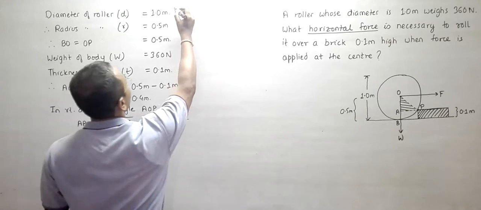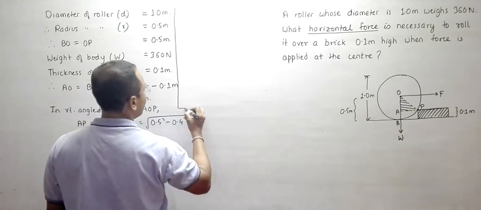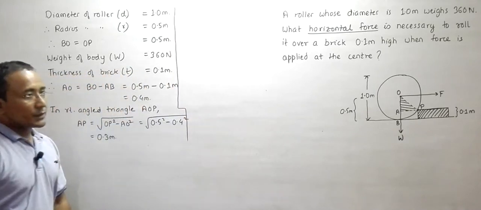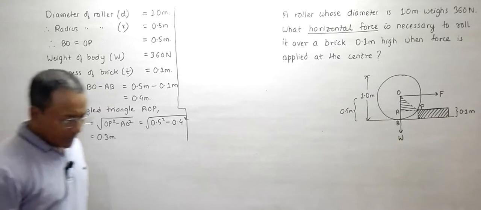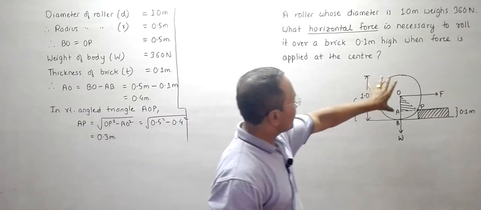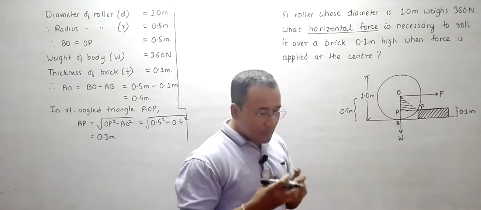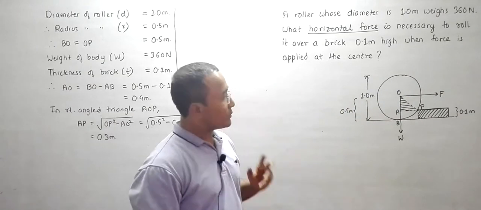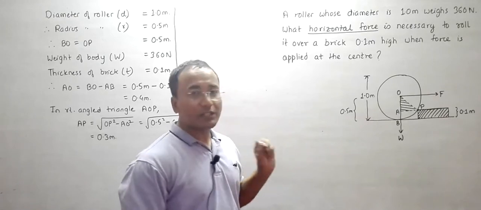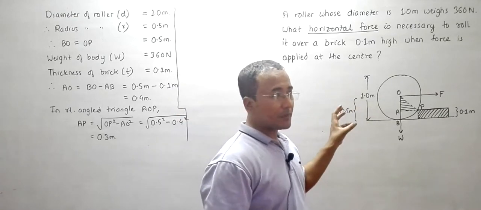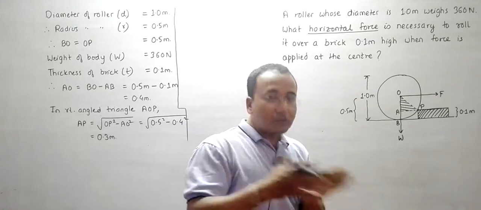Now we apply here the principle of moments. So if we have to lift it over, we have to produce such a clockwise moment, which should be at least equal to the anti-clockwise moment, at least equal to or more than equal to.